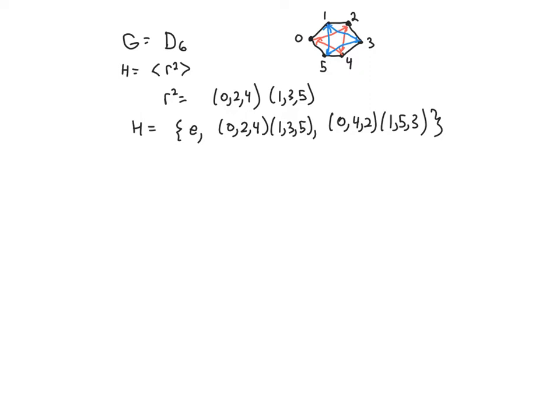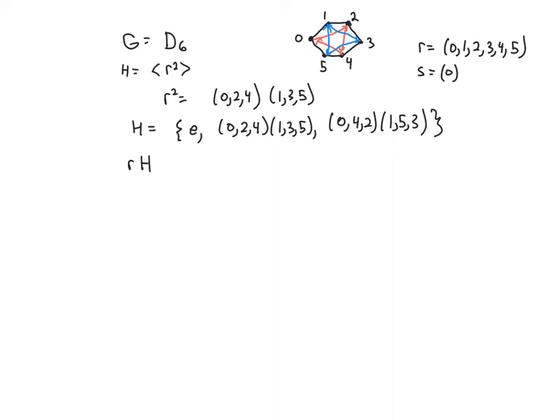All right, so now I want to figure out some of the cosets. Well, one natural coset you could look at is R times H. Here we should note what R is. It is the 6-cycle. And the other main element in the dihedral group is S, which is the reflection.